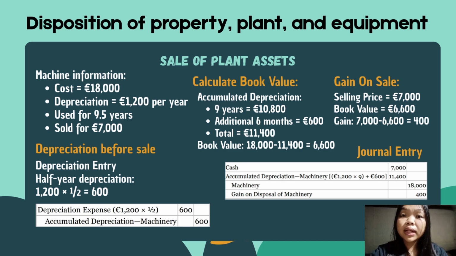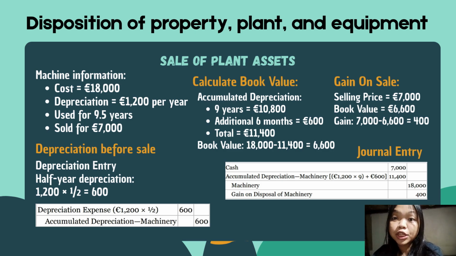Now, let's look at an example of sale of plant assets. A machine has a cost of 18,000, annual depreciation of 1,200, and it has been used for 9.5 years. The machine is sold for 7,000. Before recording the sale, the company must first record depreciation for the last 6 months.